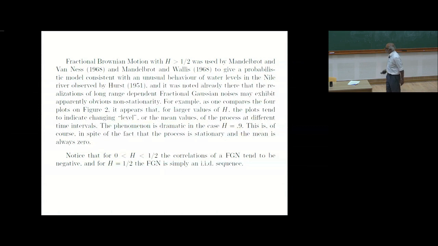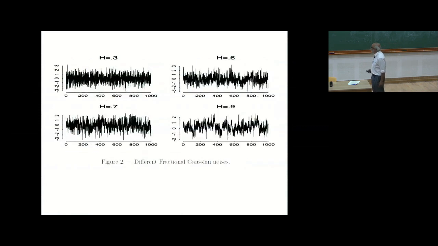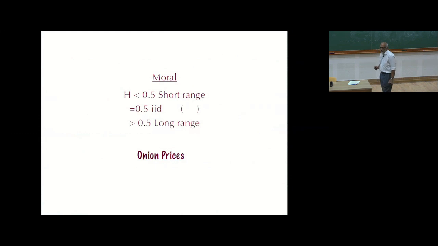I will simply skip all this stuff and come to the moral of it. You calculate the Hurst exponent; how you calculate it I will not go into, because that would take a lot of time. If the Hurst exponent is less than 0.5, it is short range, meaning short memory. If it is 0.5, it is almost like a chaotic process.